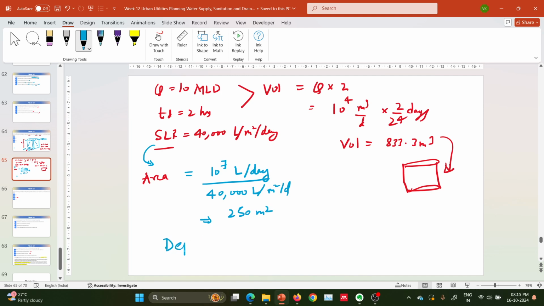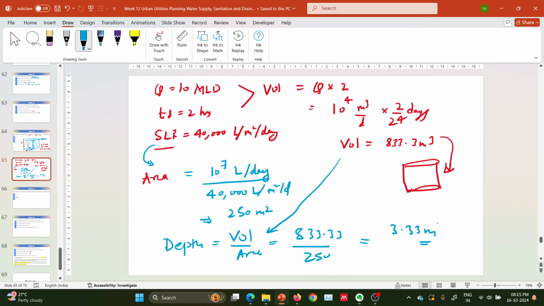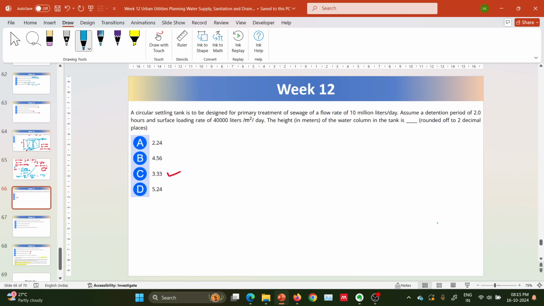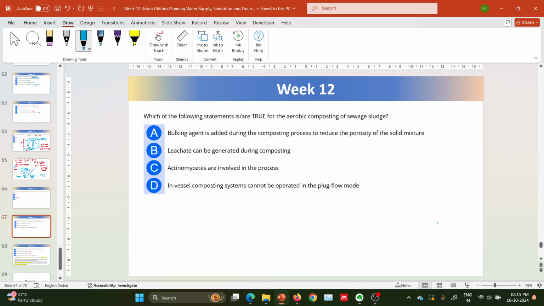Depth is volume divided by area: 833.33 divided by 250 gives 3.33 meter. That is the depth of the circular clarifier. The answer is 3.33.